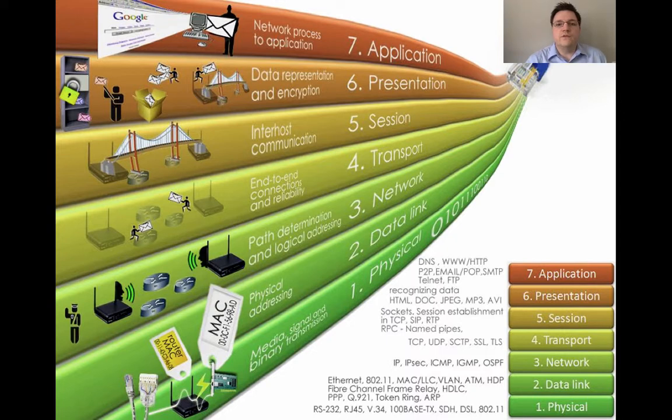The server then goes all the way up the OSI model on the receiving end, from the physical up to the application layer, responds to the request, and comes back down to the physical layer, transmits back to the originating requester, and goes all the way up the 7 layers of the OSI model.